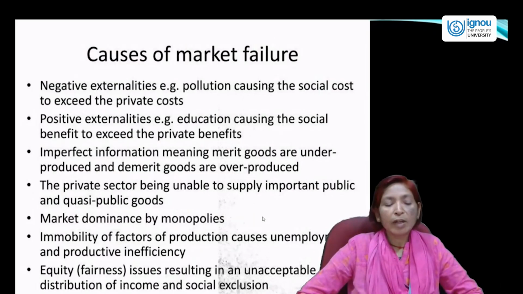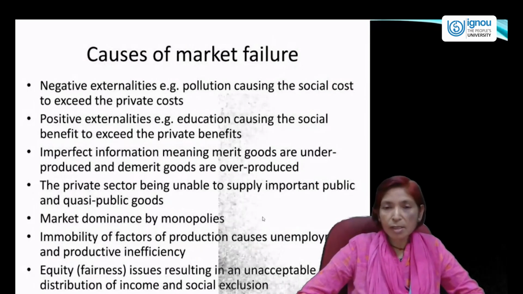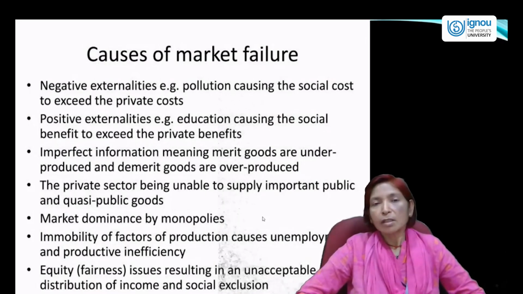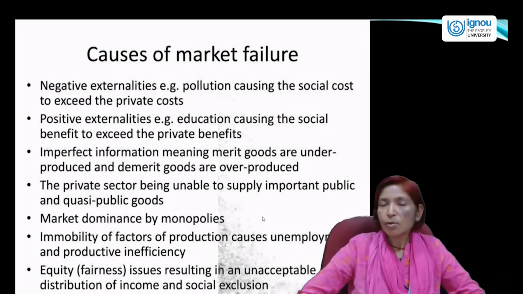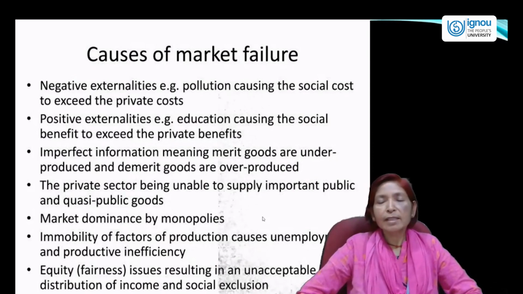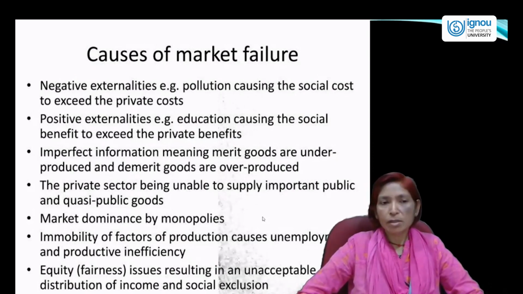We know that when firms produce goods and services, environmental pollution or environmental degradation exists. So pollution causes which type of cost? Social cost, because social cost is the cost borne by the whole society, not an individual person. So pollution causes the social cost to exceed the private cost.